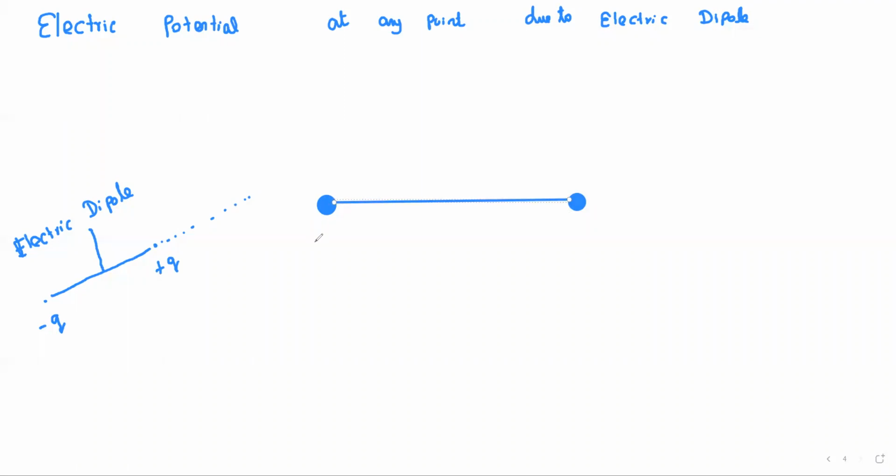Basically, we should make the center point and let it be O, and the minus Q is at point A. Minus Q should be put first, then plus Q. So plus Q is at B. Normally the length of the dipole is taken as 2a, because from A to O it is a, and from O to B it is another a.